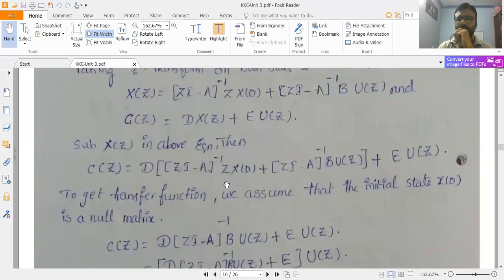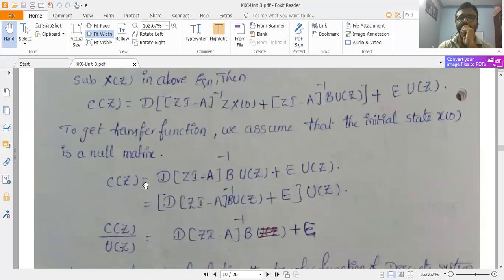Therefore, c of z is obtained as D into (zI minus A) inverse into B into u of z plus E into u of z.